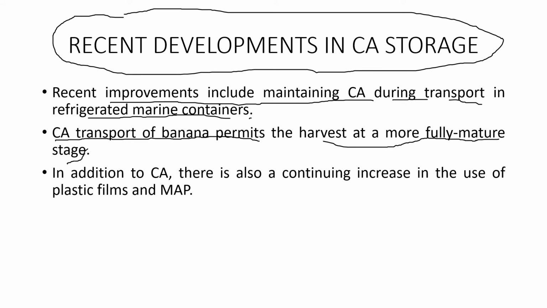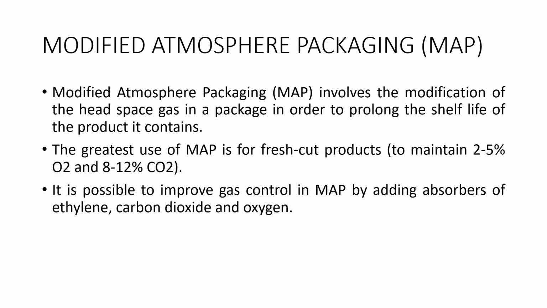In addition to controlled atmosphere, there is also a continuing increase in the use of plastic films and MAP. So we can amalgamate 2-3 packaging systems to make it an effective one. These are some of the recent developments in this field.